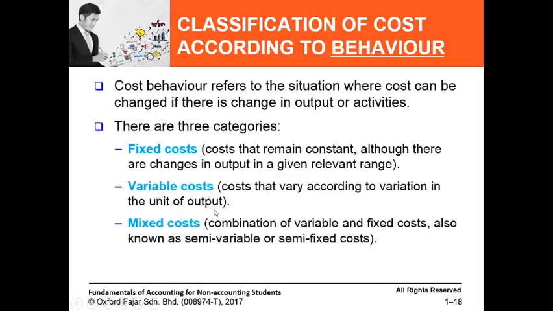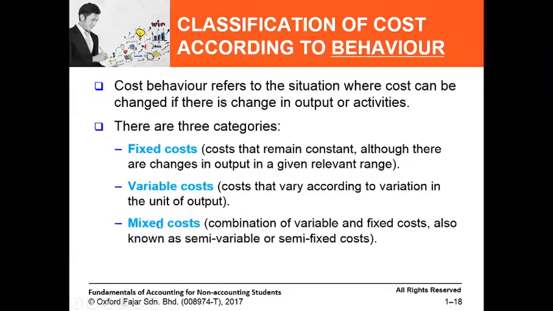Meaning to say, if the output increases, then the variable cost will also increase. If the unit of output decreases, therefore, the variable cost also decreases. However, for fixed costs, if the output increases, the fixed cost will remain the same at a certain relevant range.